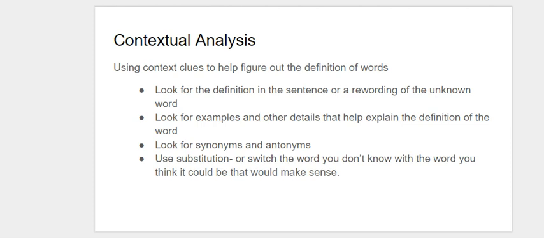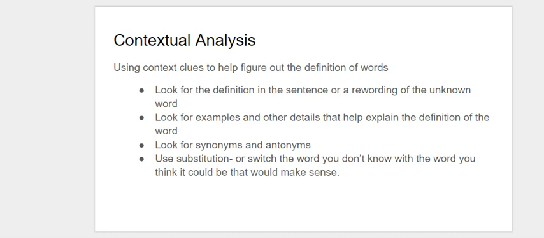So, for instance, if we were to use the word kind, you would say, the boy was kind to the dog. He was very nice. So nice and kind have the same meaning.